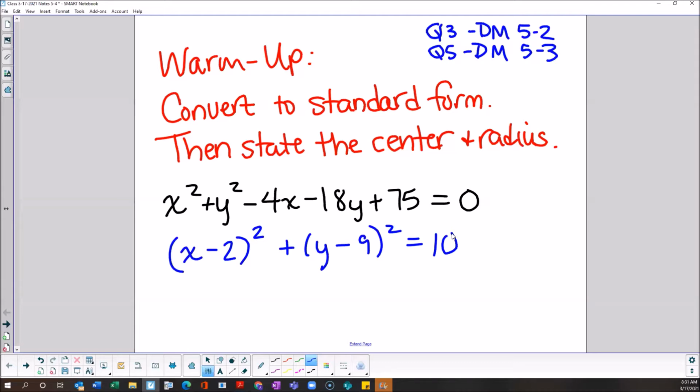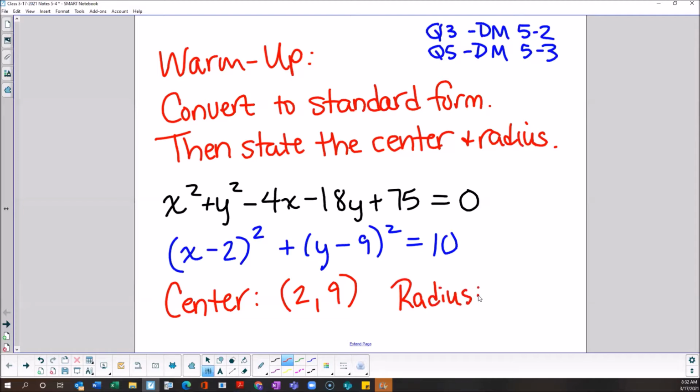The next step was to list the center and the radius, right? So the center would be what? 2, 9, positive 2, positive 9. So I changed the sign, right? And then the radius, remember, the standard form of a circle is equal to r squared.